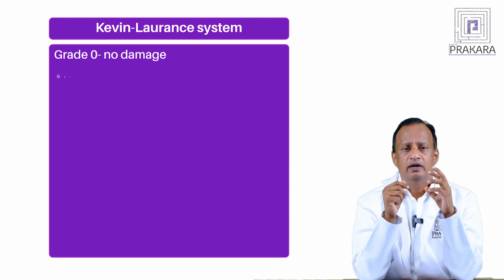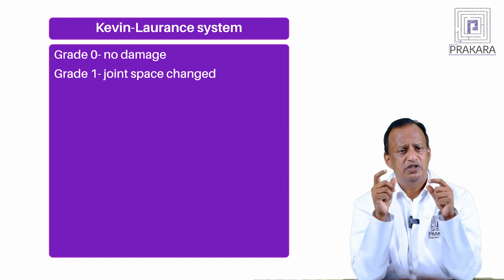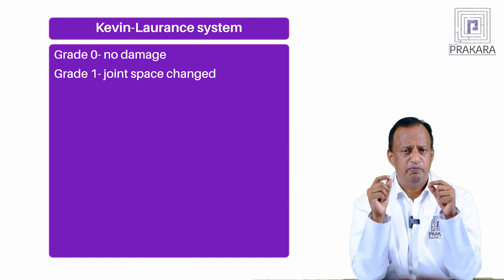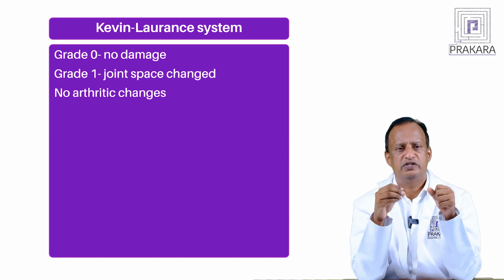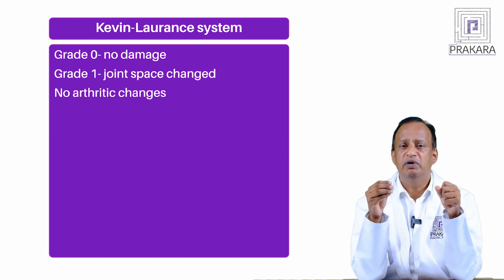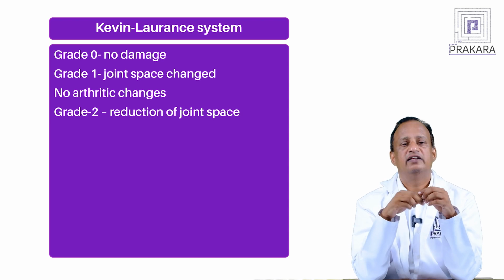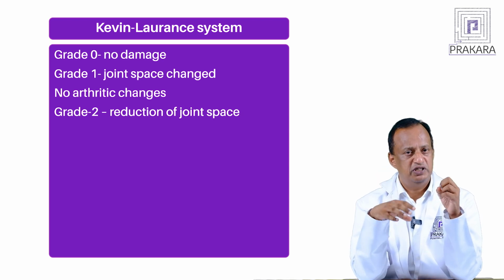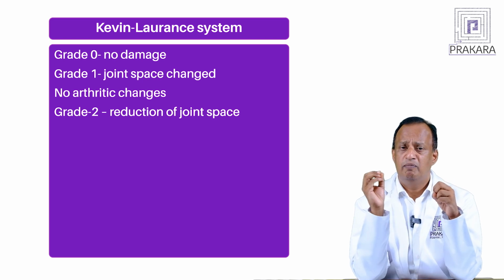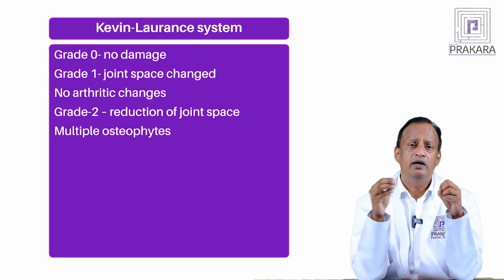Grade 1 is a suspicious change in the joint space, but no arthritic changes like bony spurs, and no destruction of the cartilage is seen. After that grade 2 comes, where there would be a definite reduction of joint space, multiple osteophytes seen, and unevenness of the articular surface.